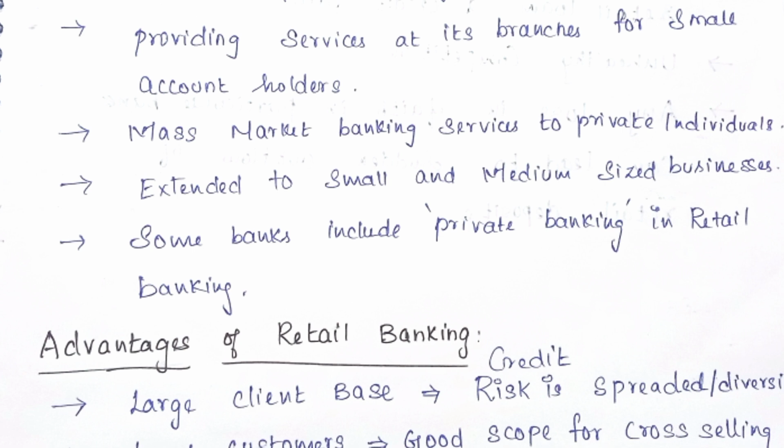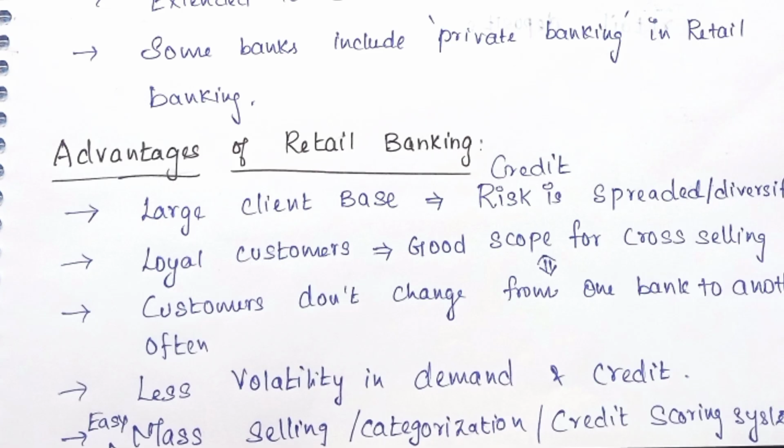Next, we move on to the advantages of retail banking. See, retail banking gives more advantage because we will get a large client base. It means we will get more customers, so that it will be multiplied, okay? Then the very important thing is credit risk is spread or diversified. We have already seen this in the tabular column. Then we will have very loyal customers; since we have more customers, we can deliver more products also.